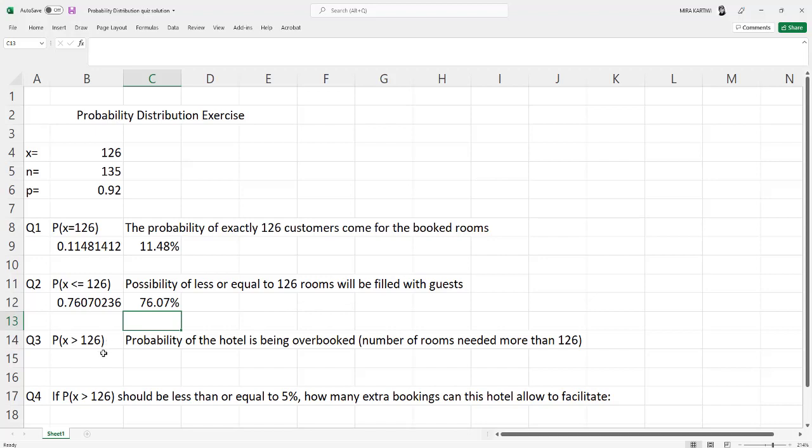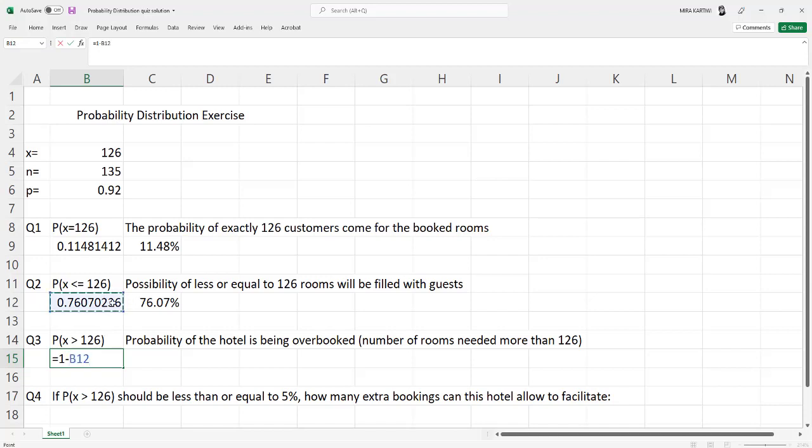All right, last is the probability of the hotel being overbooked, so the possibilities of more than 126 people or guests will claim or request for their rooms. In this case, logically, because we have the maximum possibility as 1, then to see what would be more than this, it is 1 minus this, right?